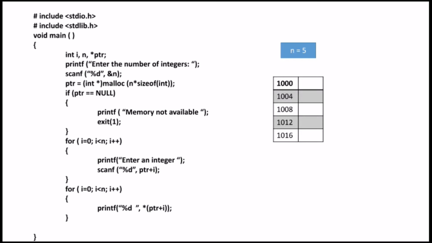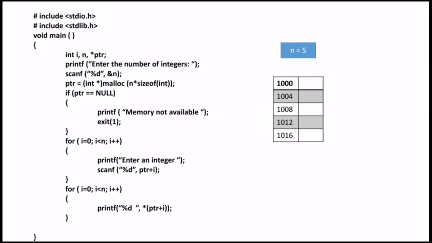Integer requires 4 bytes, then 4 into 5, that means 20 bytes are reserved for this particular block which starts from 1000, and in ptr the address of the starting block, that is 1000, will be stored.